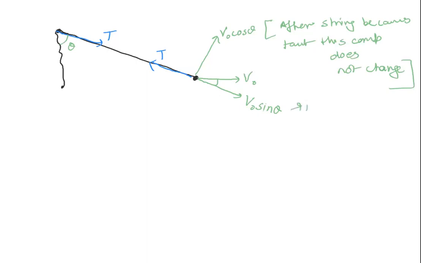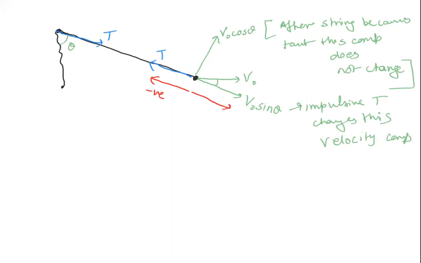So the impulsive tension changes this velocity component. Okay, so if I take this direction as negative and this direction as positive, आप कोई भी ले सकते, कोई फर्क नहीं पड़ता.